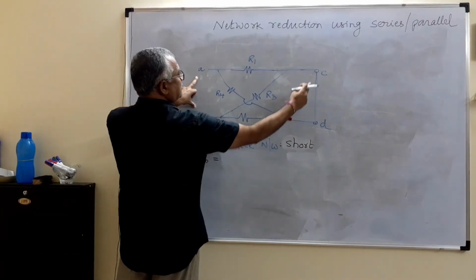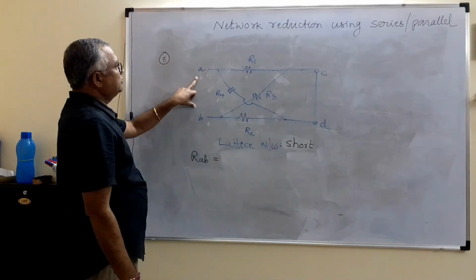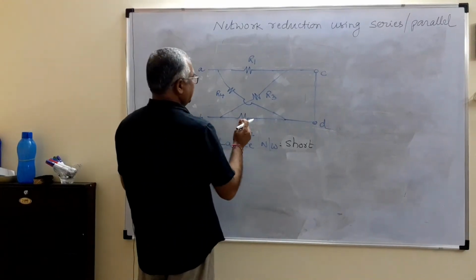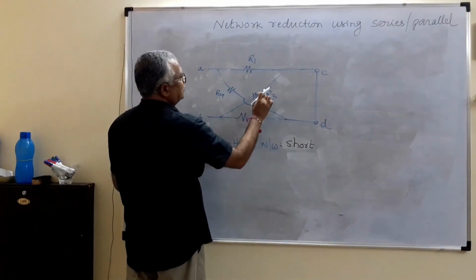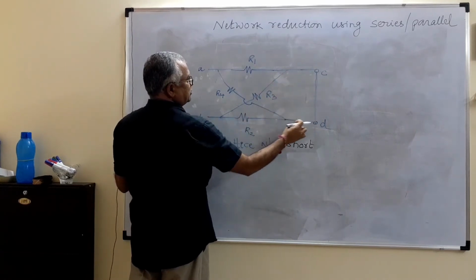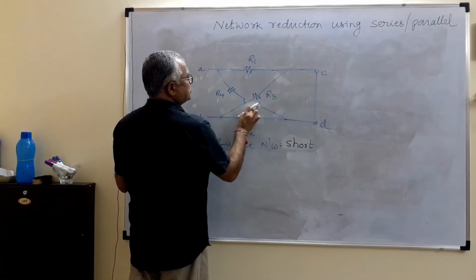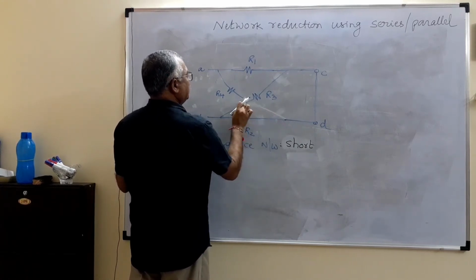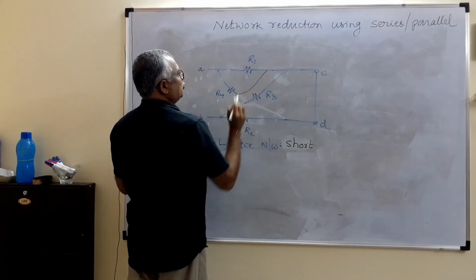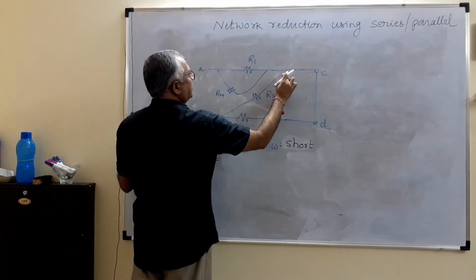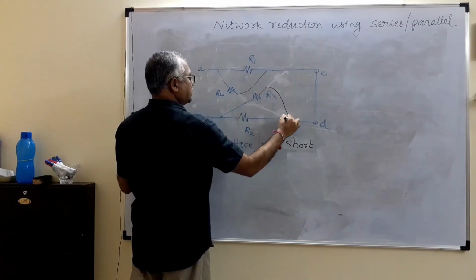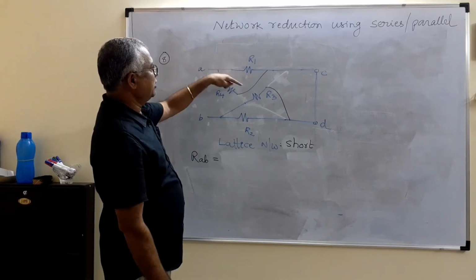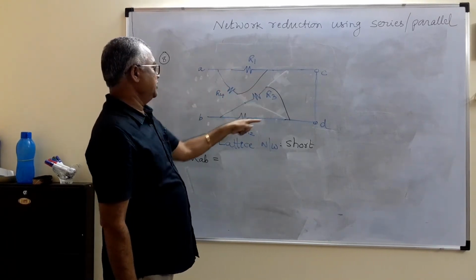Lattice with short, CD shorted. Now as it is, if you observe, it looks confusing, but confusion is eliminated with smart work. R3 connected here means same, this path is short. So what I do is, this connection I am removing and connecting here, same only. So confusion is eliminated. These two are parallel, these two are parallel, both are in series.